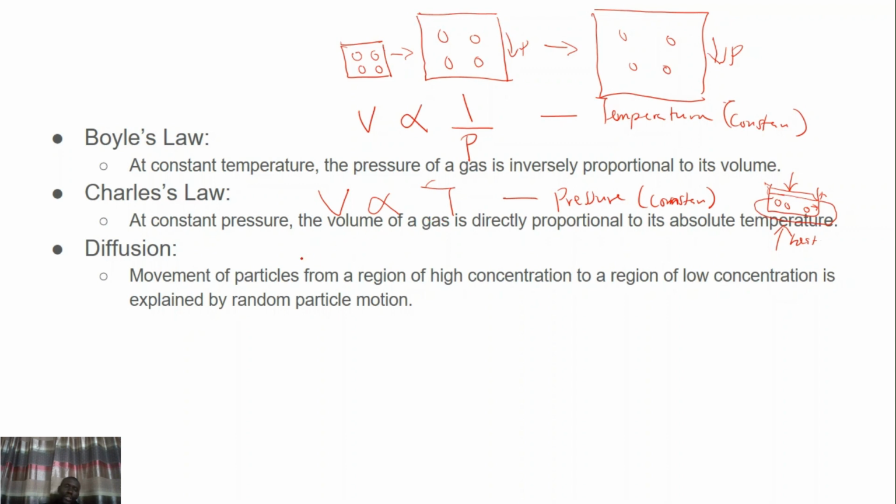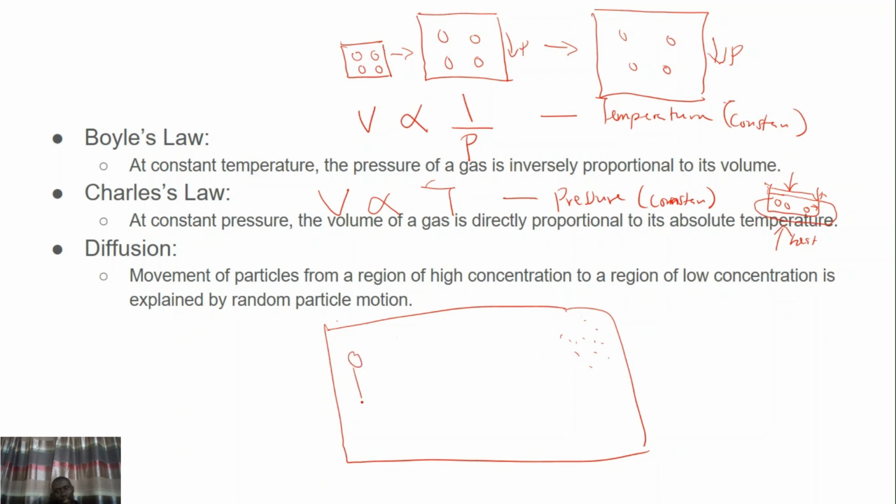Alright? Now, another thing that the kinetic theory of matter makes us understand is the diffusion principle. When you spray a perfume, let's say this is a room. If you spray a perfume at one corner of the room, in a matter of time, someone here will feel the perfume. How does it happen?